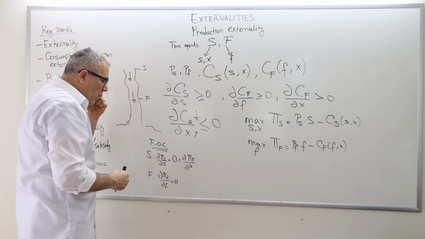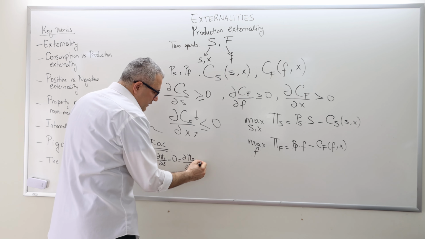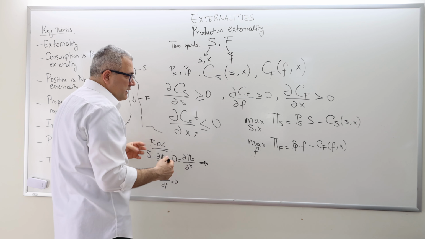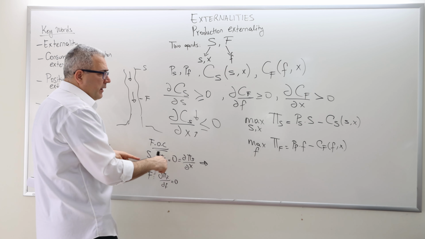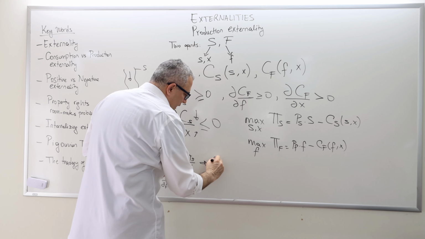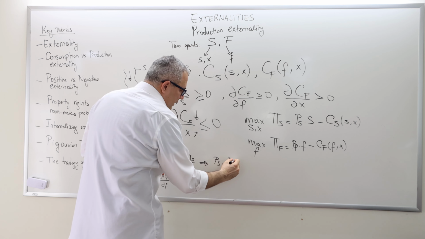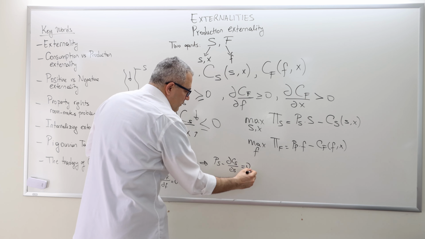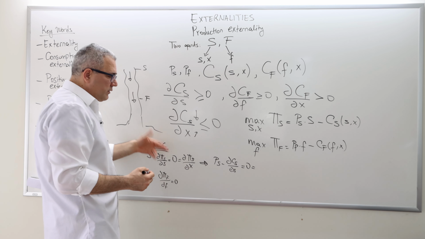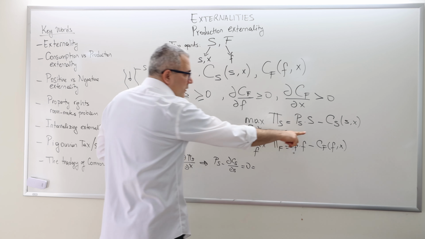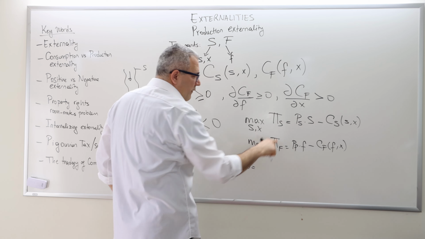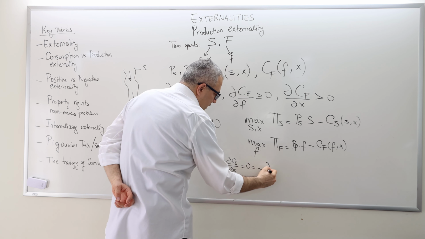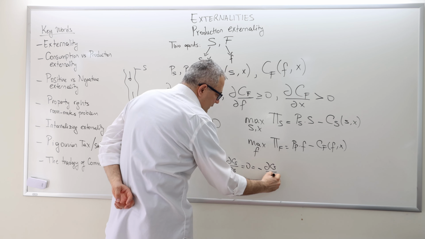When you solve these, the derivative with respect to S is P_S minus del C_S over del S equal to 0. And 0 also equals the derivative with respect to X. The derivative of the revenue with respect to X is just 0, so it's minus del C_S over del X.